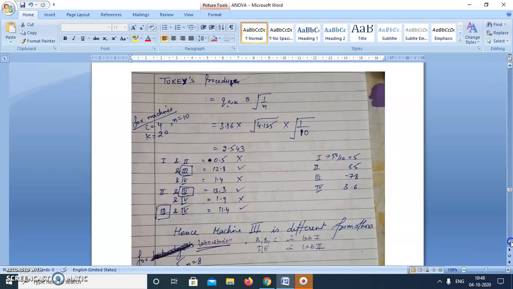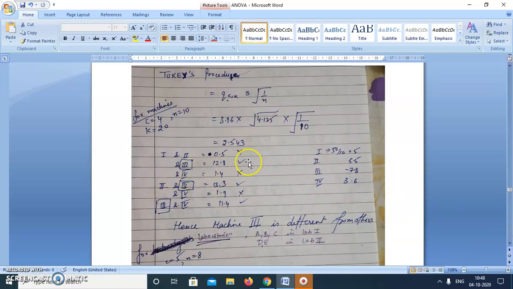As we can see, between 1 and 2 the difference is 0.5, 1 and 3 is 12.8, 1 and 4 is 1.4, and we compare it with 2.543. So the only differences higher are with 1 and 3, 2 and 3, and 3 and 4. So we can see that the third machine is behaving somewhat absurd as compared to the other 2 machines, because wherever third is coming, the difference is significant. Hence machine 3 is different from others and it is behaving differently.